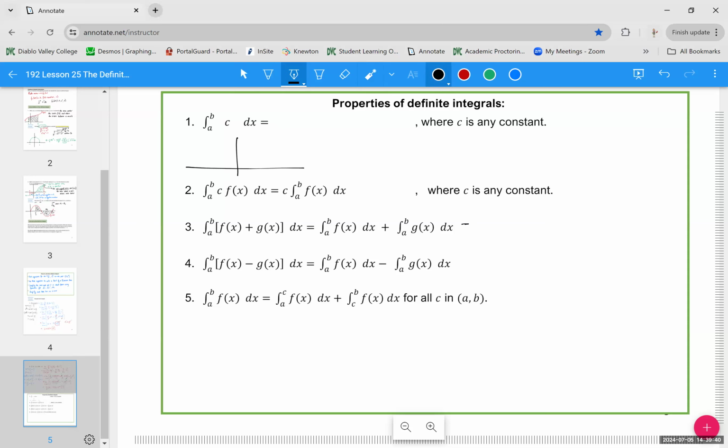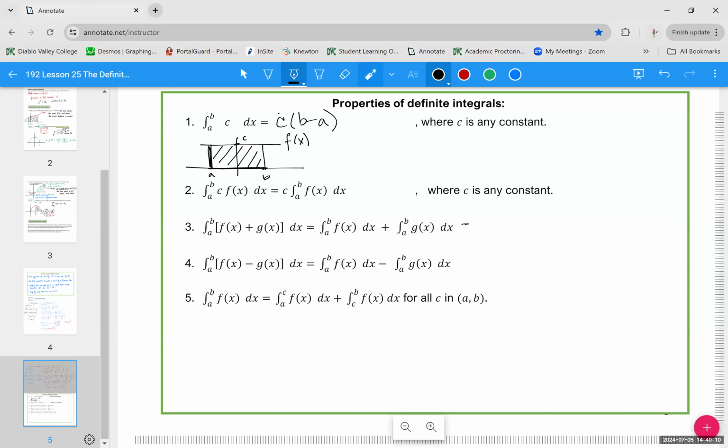If I have a constant function, this is C, and I'm cutting it off between A and B, what is this area? It's a rectangle, and its area will just be C as the height and B minus A as the width. So it's just going to be C times B minus A.